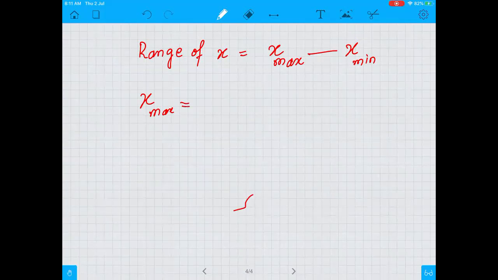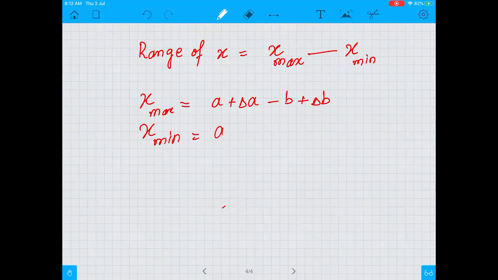Maximum value of x would be a plus delta a minus b plus delta b. We already calculated this. And the minimum value of x would be a minus delta a minus b minus delta b.